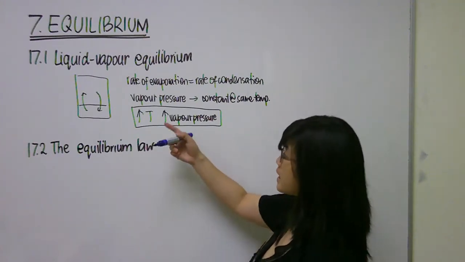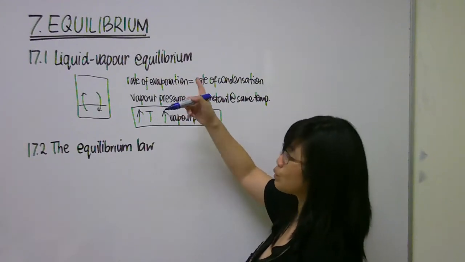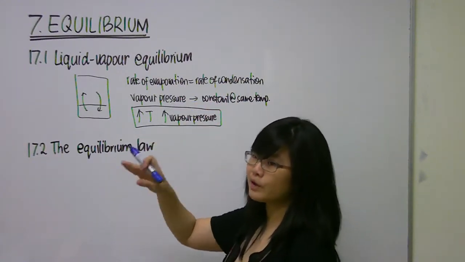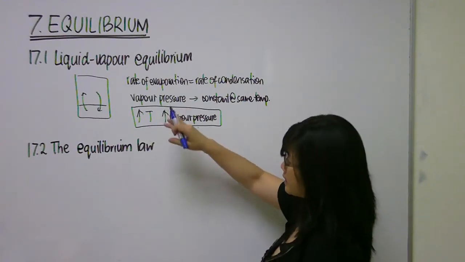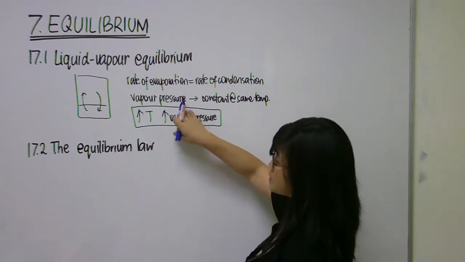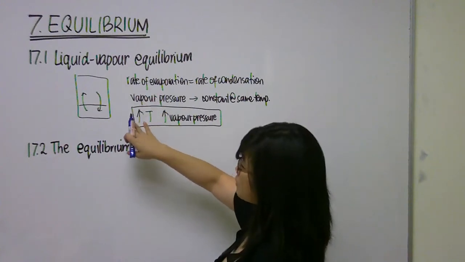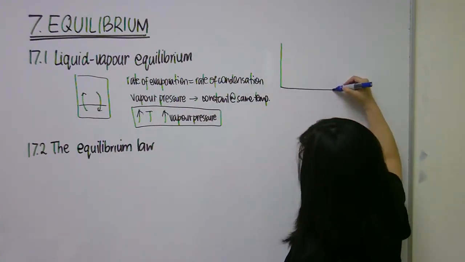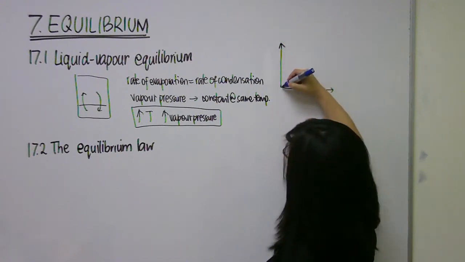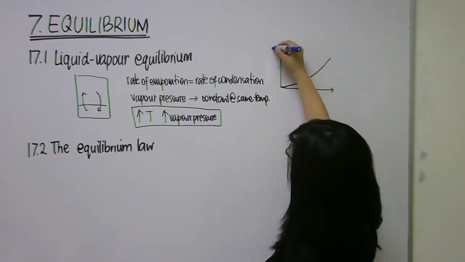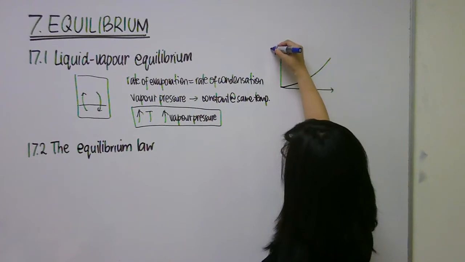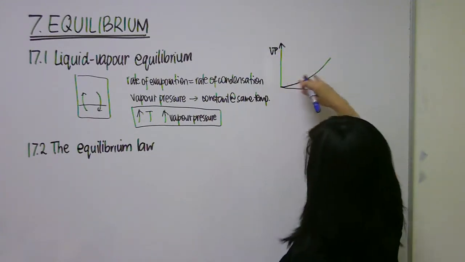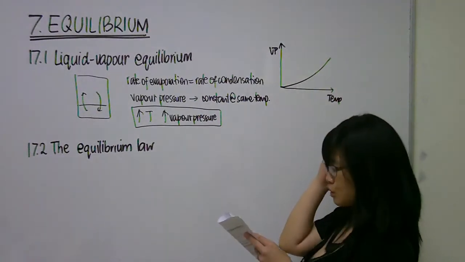At that time, again, the rate of evaporation will be equal to the rate of condensation, but probably at a different level than previously. But at that time, the vapor pressure has already increased. So you need to know that as temperature increases, vapor pressure will increase, and your students need to be able to explain that as temperature increases, vapor pressure also increases.